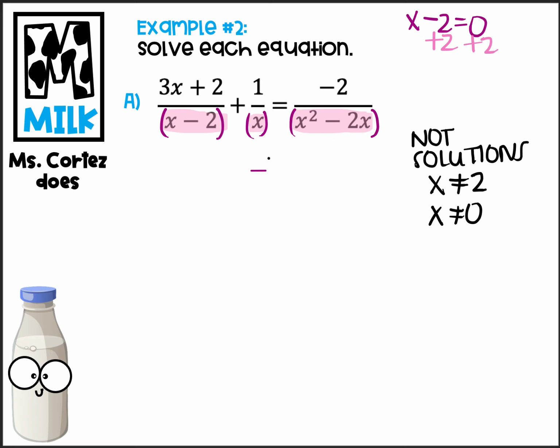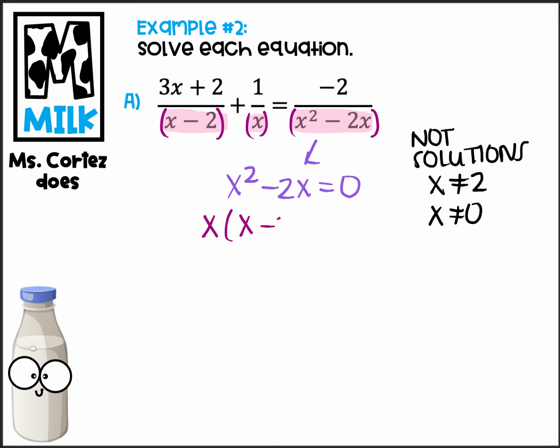And finally, for the last one, I will have to factor. If I set x² - 2x equal to 0, I'll use the zero factor property. I factor out an x from both terms: x times (x - 2).